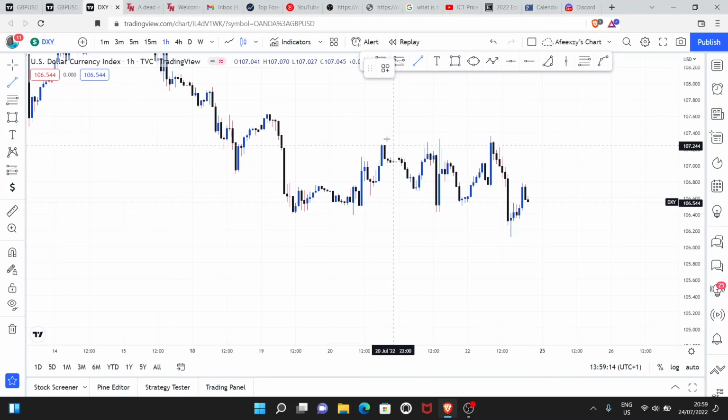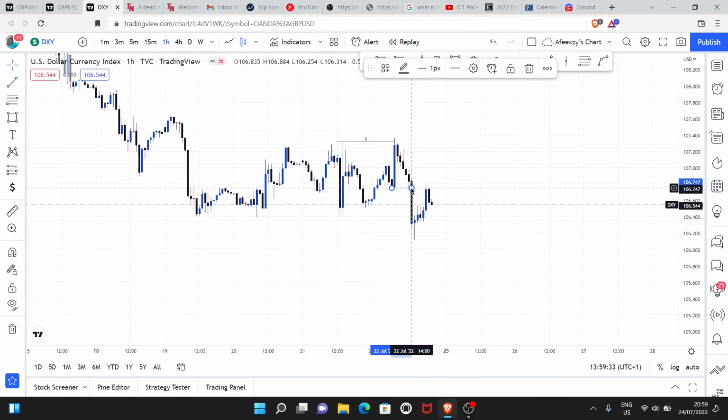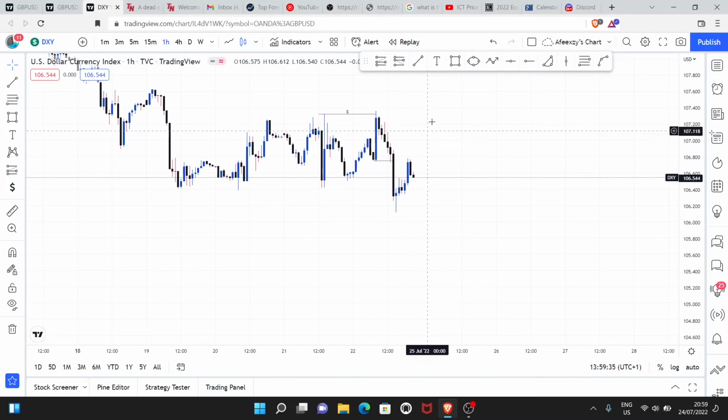It's those fair value gaps. So I can see it's nice. It made a high. We will change the market structure here. Now we are bearish, and it's plummeting down. This is very nice confirmation.